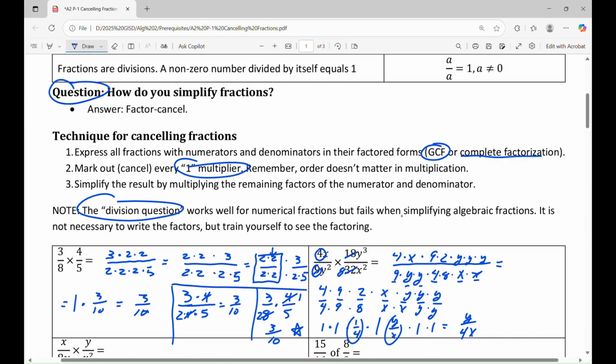But 9 times 2 is 18. It'll leave the 2 behind. And at this point, I'll see the 2 over the 8 right here. And I know that'll reduce to a 1/4. But what about this? There's 3 factors of y here. And there's 2 factors of y here. Well, I know that 2 factors of y will cancel 2 factors of y and leave a single factor of y.